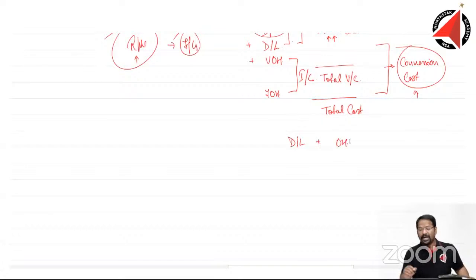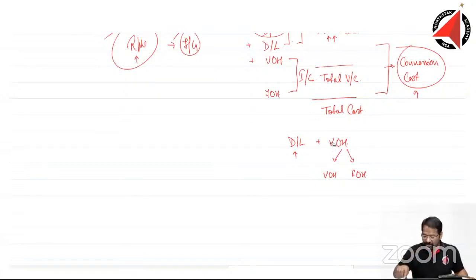Now, when you see overheads, I see a very common confusion. Does this overhead include variable overhead, or fixed overhead, or both? If it was only variable, then the books would have written very specifically direct labor plus variable overhead.